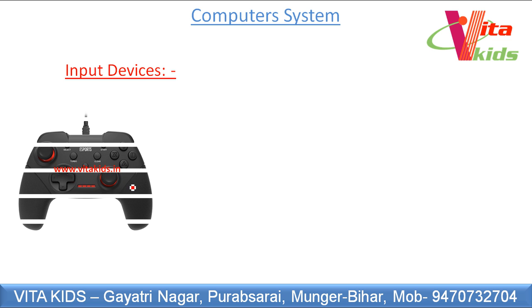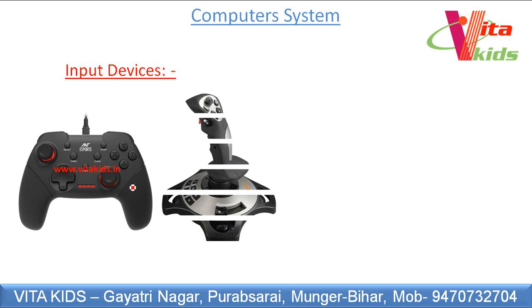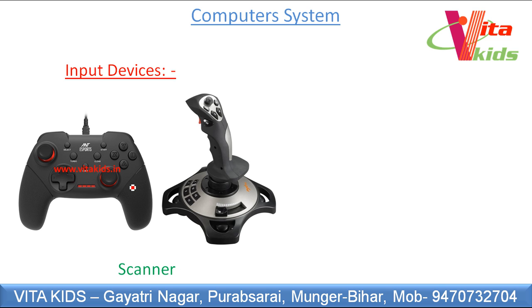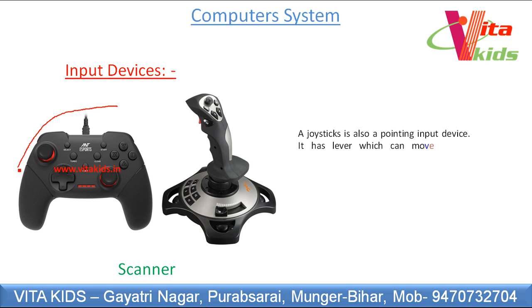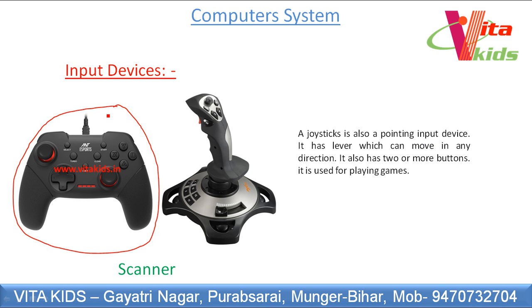Look, what is this? This is a joystick. I think most of you have used this in your childhood and would be using it now also. Basically these are devices which we have used in our childhood for playing games, controlling the car. It is also like a remote control. Both are joysticks.